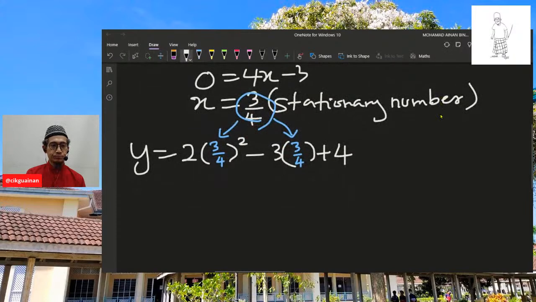Now, what to do? We have 9/16 and so on. Since I don't have a calculator with me now, I just mentally calculate everything.